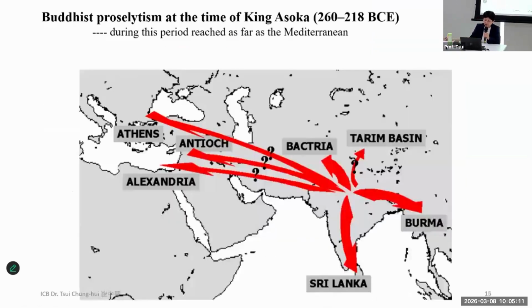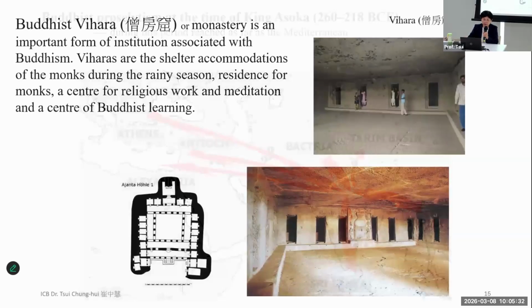Okay. During the lifetime of King Ashoka, he sent nine envoys to promote Buddhism into different countries. So Sri Lanka, Southeastern Asia, Central Asia, and also the Western world received Buddhism.